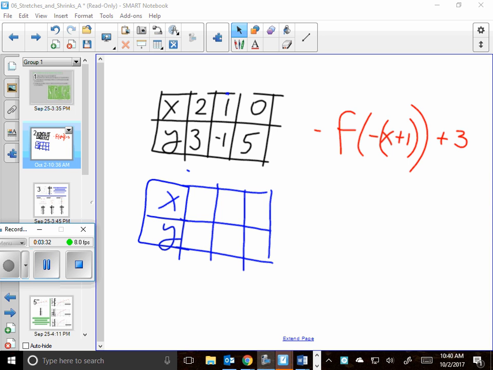Does the order matter? Oh, yes, it does. Be really careful what order you do your inside stuff in. I'll pause while you give that a try.